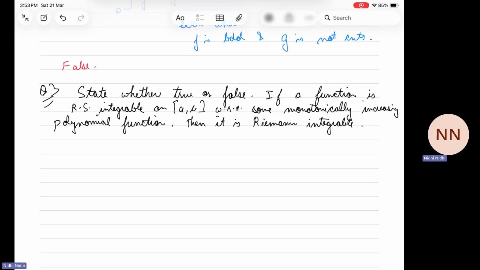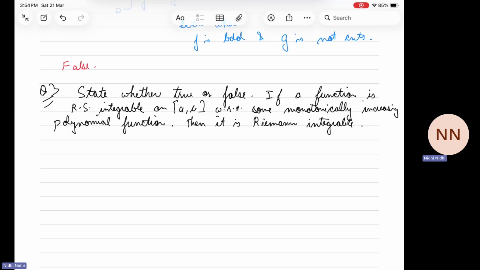So in this case, we'll move from RS integrable to Riemann integrable, provided the monotonically increasing function that we are considering is a polynomial. So precisely, we'll be using some very good properties of polynomials. What do we know about polynomials? Polynomials are continuous. They are differentiable.